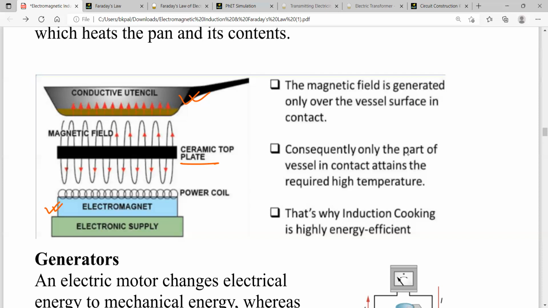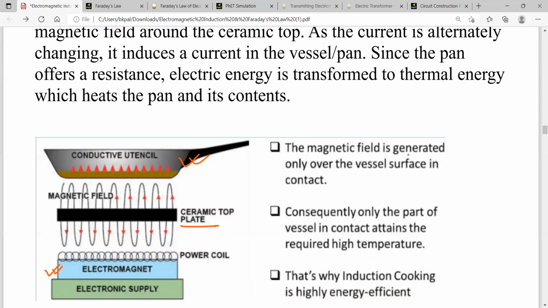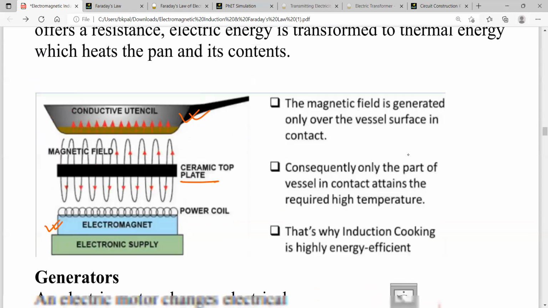Most metallic pans offer some resistance, and because of the current and resistance, the electric energy is transformed into thermal energy. This thermal energy heats the pan and its content. That's how we cook by using an induction oven.